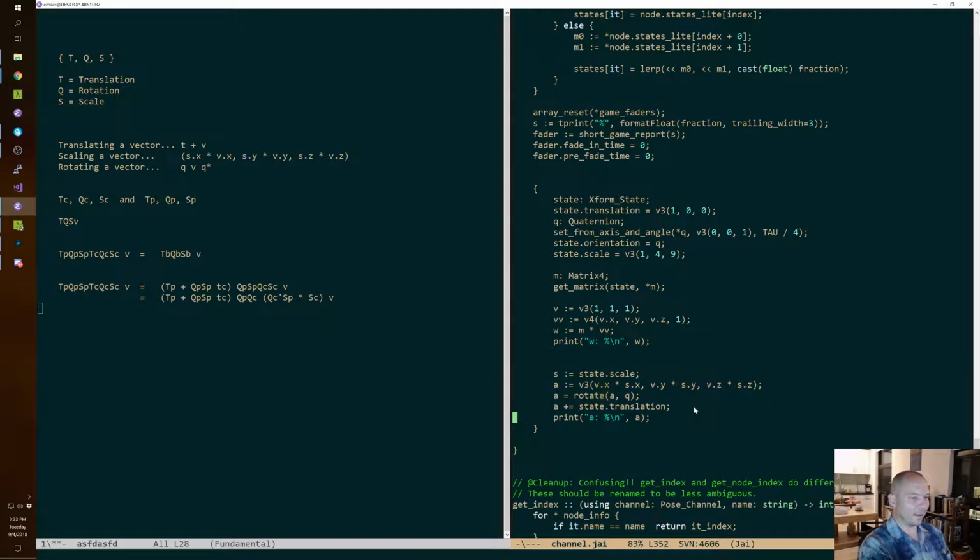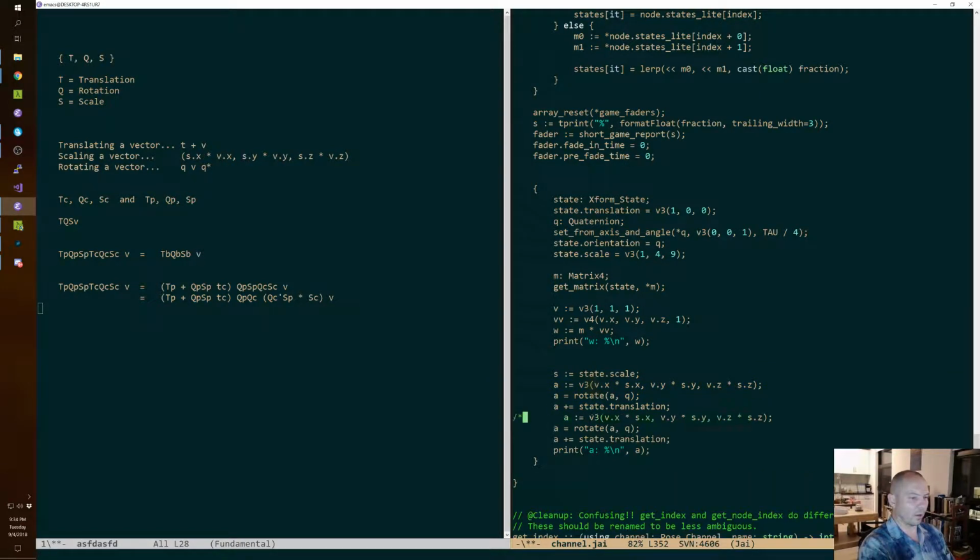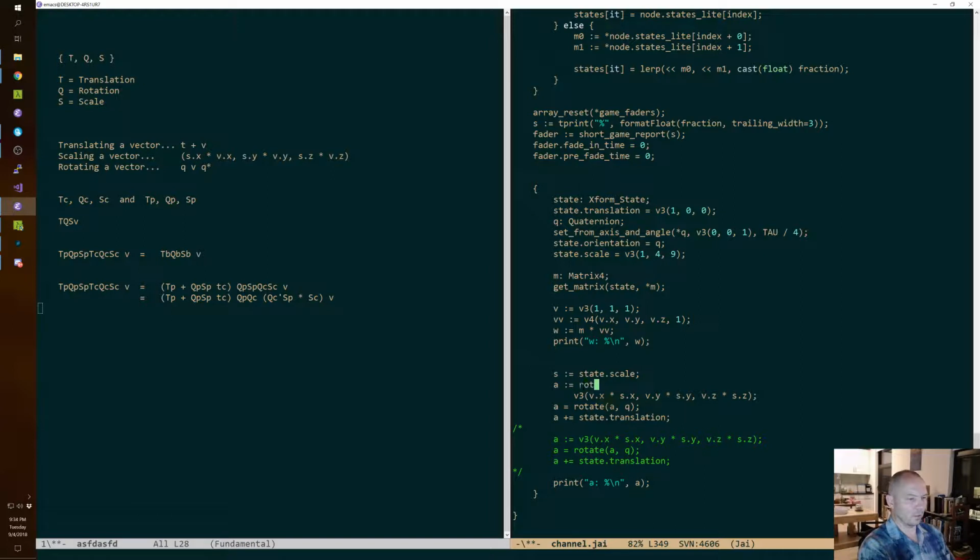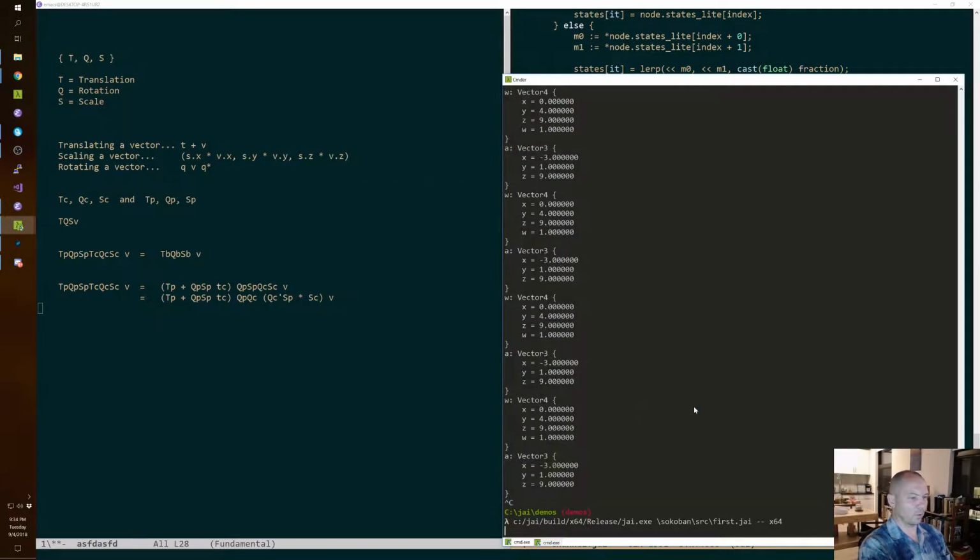So instead, let's try rotating V by Q, scaling and then translating.